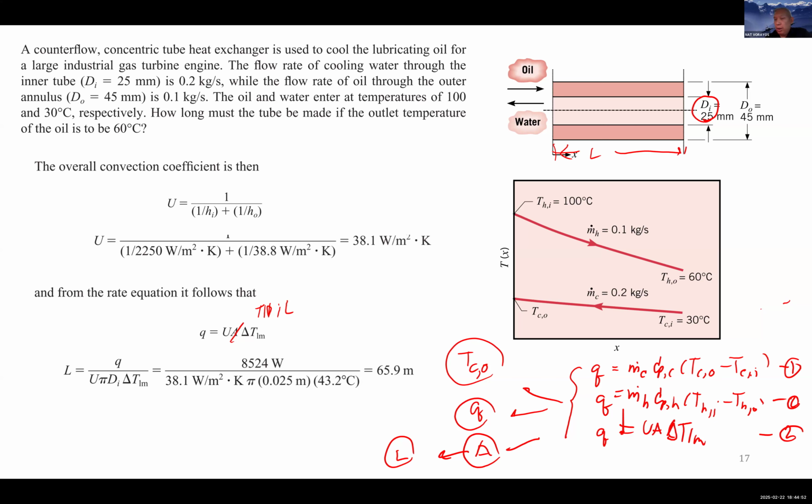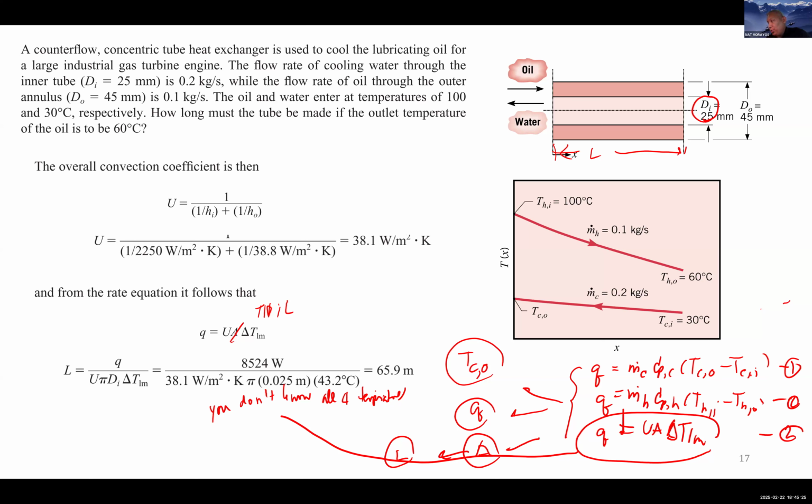And in this case, you use the log mean temperature because, in spite of the fact that you don't know all 4 temperatures, you know just 3 specified by the problem.